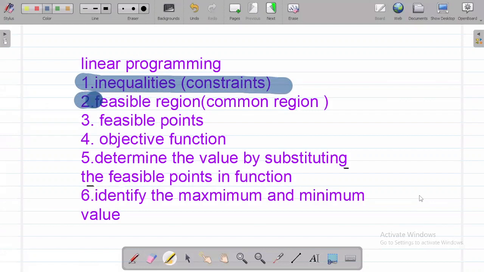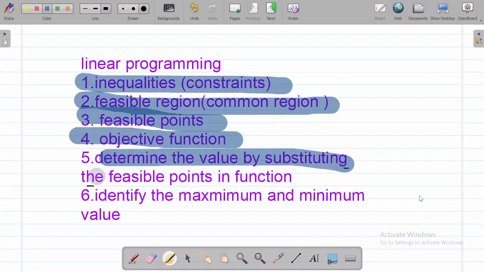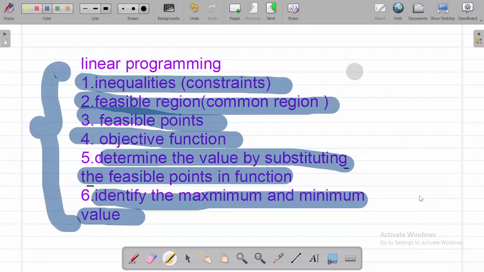Then we have to find the feasible region. Then feasible points. Then the objective function will be given. Then you need to determine the value by substituting the feasible points in the function. Then you have to identify the maximum value and the minimum value. So these are the things we need to remember while solving questions related to linear programming.